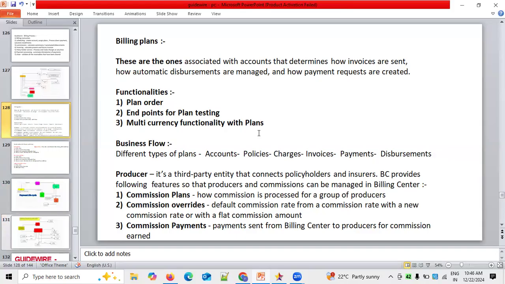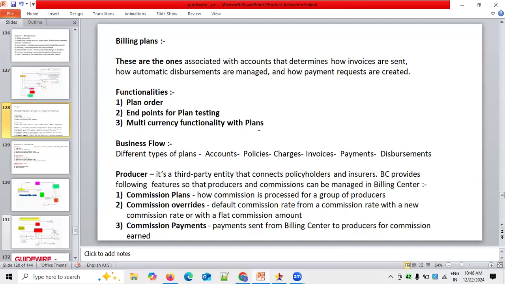As far as billing center is concerned, there are different features to be understood, because being a BA, when we are getting trained under the billing center application, as far as Guidewire or property and casualty insurance is concerned, we need to identify the business situation. From there, the business problem, what they have, what kind of business solution you are going to provide, and to provide the business solution, what are the required features that are needed, what are the functional and non-functional requirements. Everything comes into the picture.